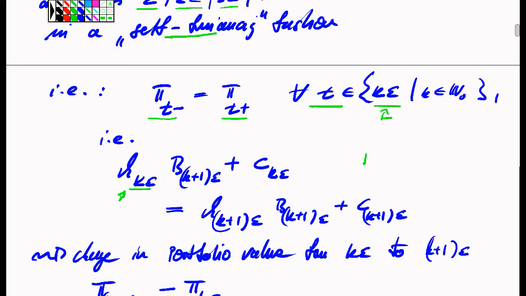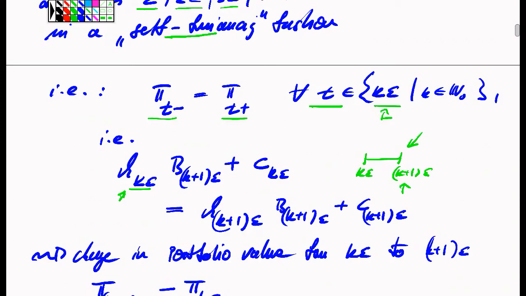The interval here, which I want to consider, is the interval from k epsilon to (k+1) epsilon. And I want to consider the investment readjustment that the investor does at this moment of time, at time t equals (k+1) epsilon.